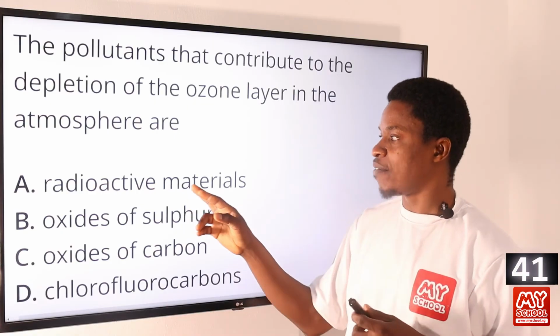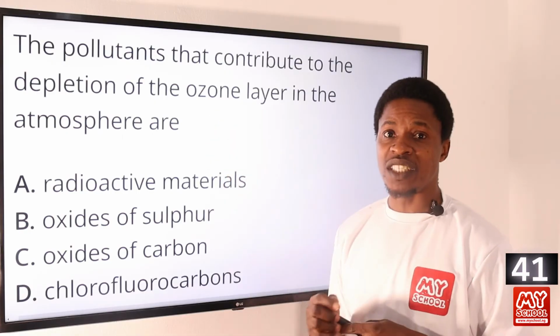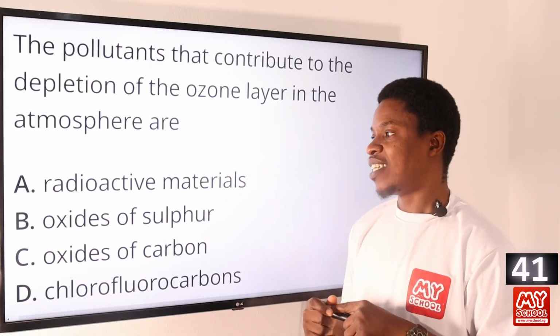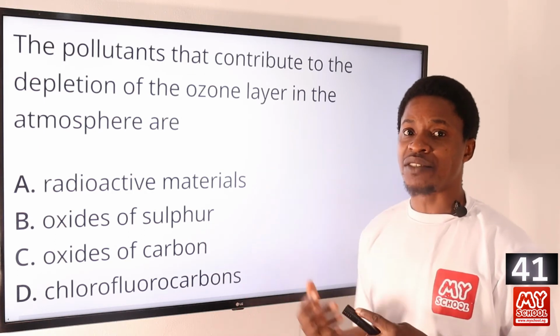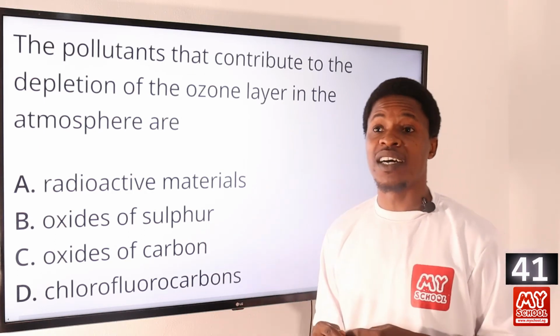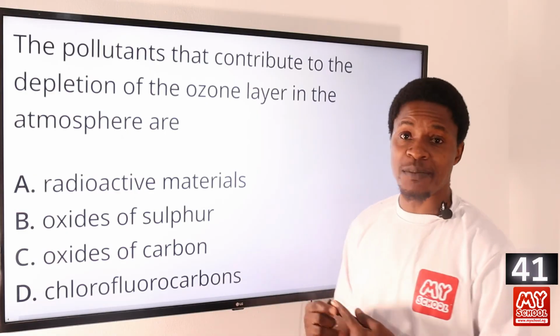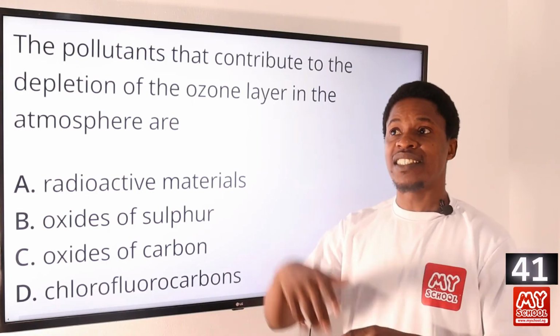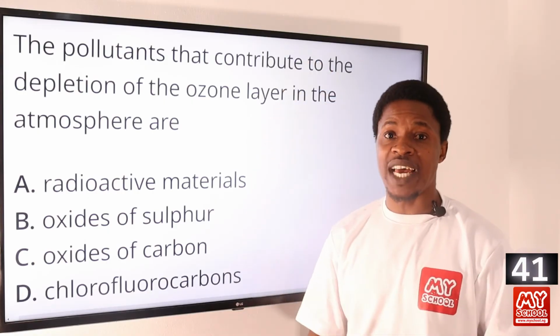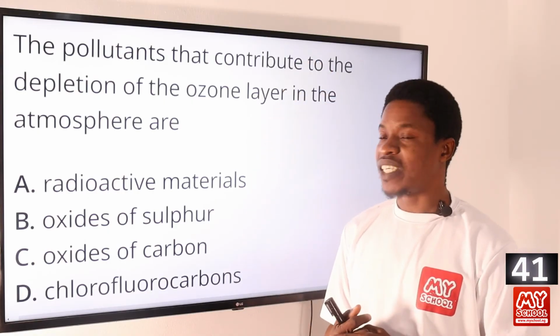But because these radioactive materials will not react with the oxygen as much, of course, we have oxides of sulfur like SO2. They can actually react with water to form acid rain, okay, but that does not deplete the ozone layer. Oxides of carbon also, we can have carbon monoxide in the air, we can have carbon dioxide in the air, but those will react with oxygen.